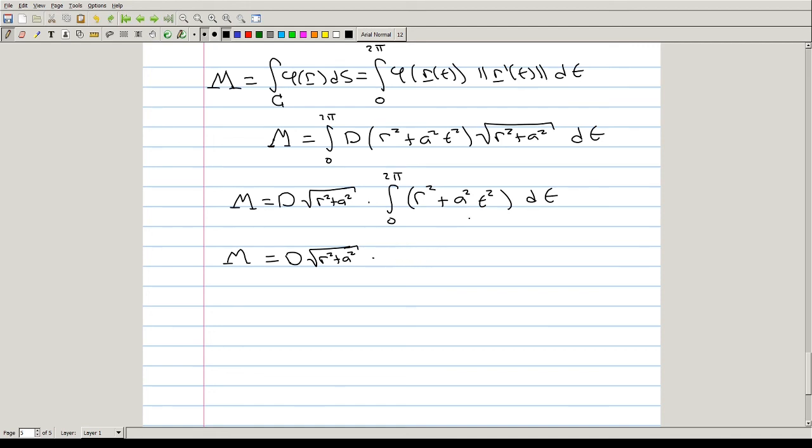well, the antiderivative of this function is going to be r squared is constant, so it's r squared times t plus the antiderivative of t squared, which is going to be t cubed over 3. That's going to be a squared times t cubed over 3 from 2 pi to 0.